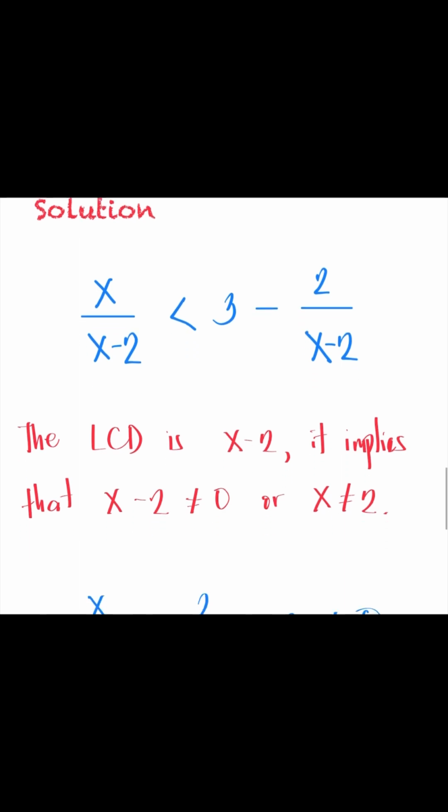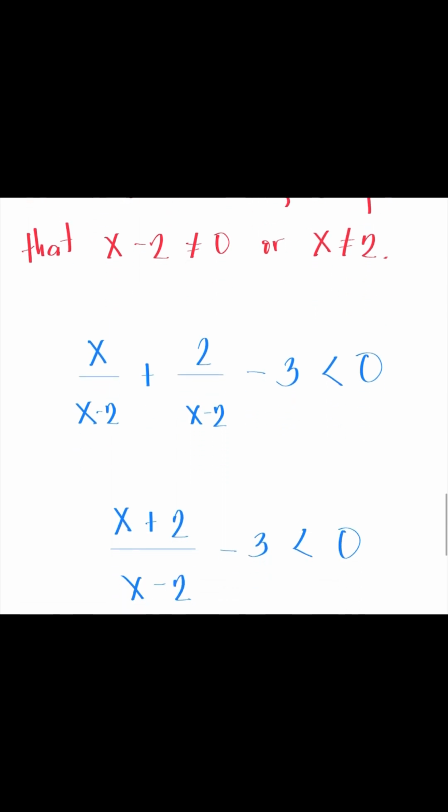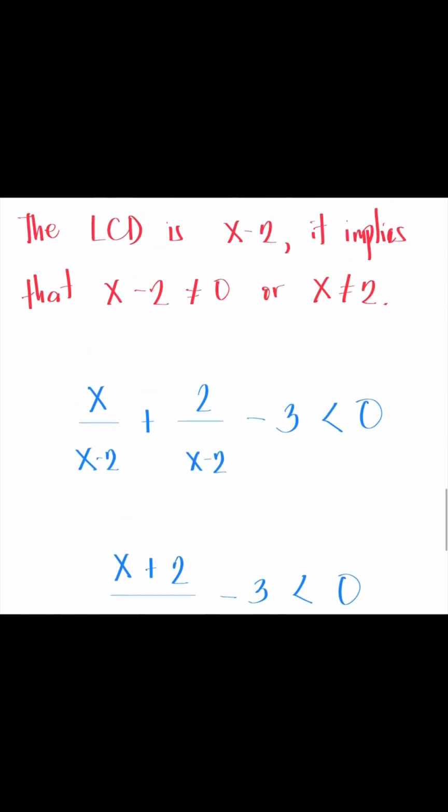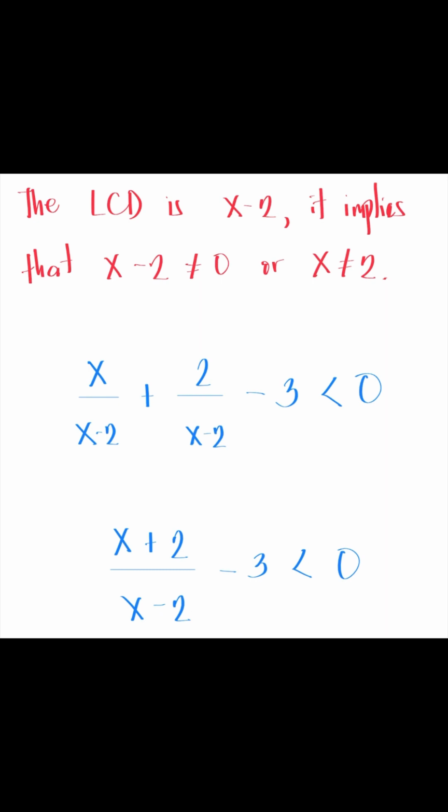And that is now x over x minus 2 plus 2 over x minus 2 minus 3 is less than 0. X over x minus 2 plus 2 over x minus 2 is equal to x plus 2 over x minus 2 minus 3 is less than 0.